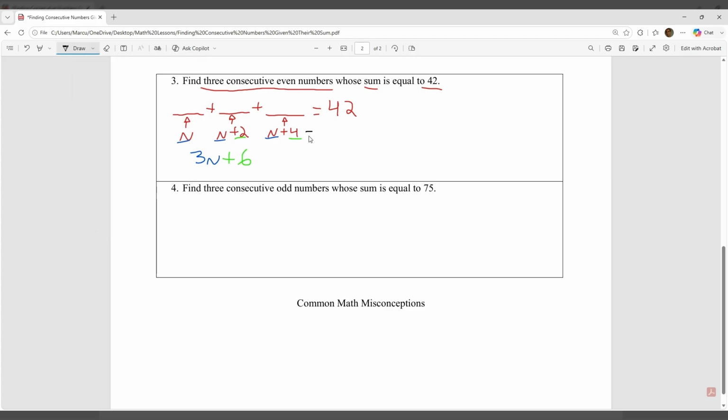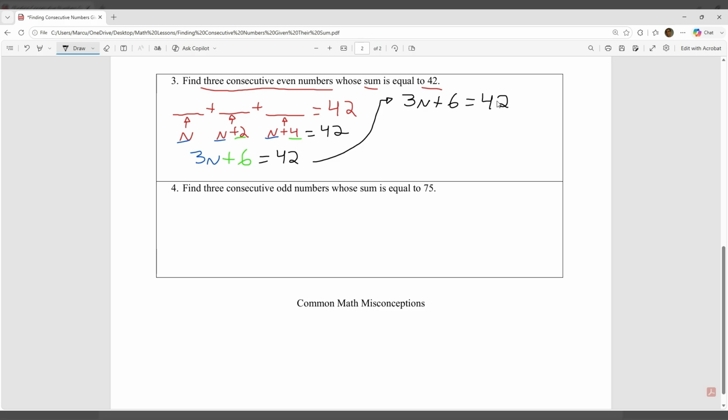And their sum must be 42. Okay. So remember, if I ever go too fast, just pause the video. So we're going to continue on the other side. We have 3n plus 6 equal to 42.